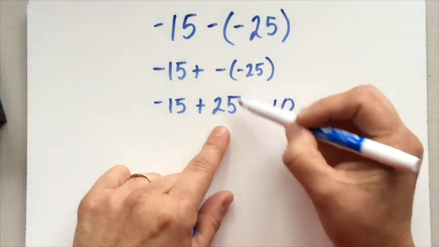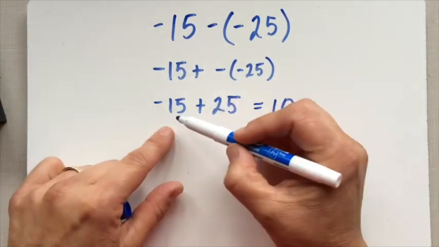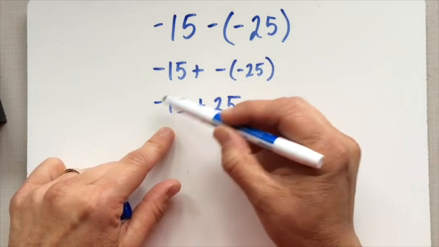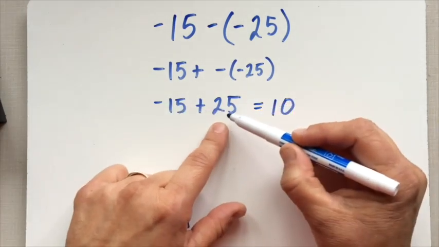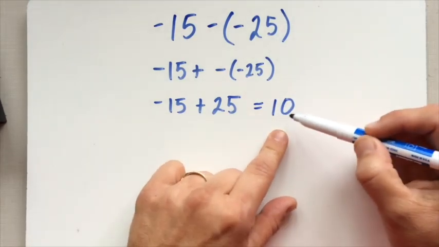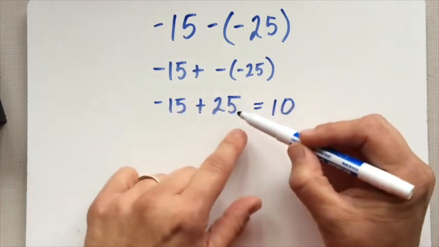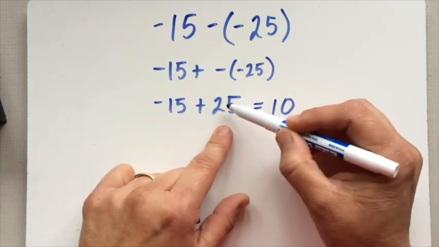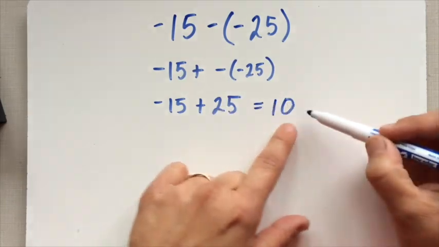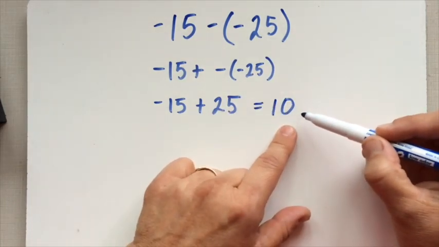So I can see I've got 25 positive 1s. I've got 15 negative 1s. I've got more positive than negative, so my answer is going to be positive. These 15 red tiles are going to take away from these 25 yellow tiles. And once I've taken 15 of these away, I'm going to have 10 yellow tiles left.